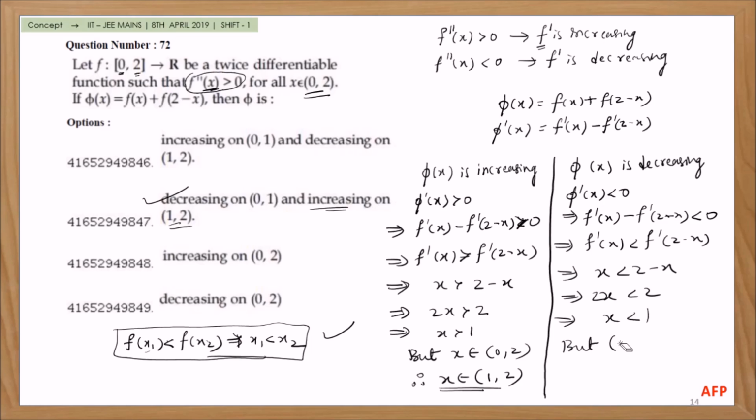But x belongs to the open interval 0 comma 2, therefore x belongs to 0 comma 1. So in this interval, psi of x is decreasing. That is what we have seen here. So option 2 follows.